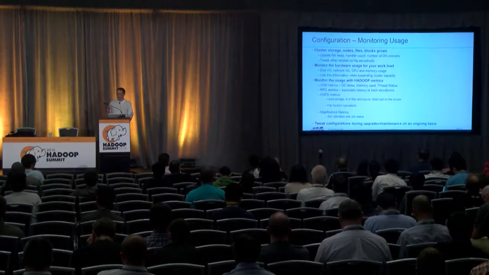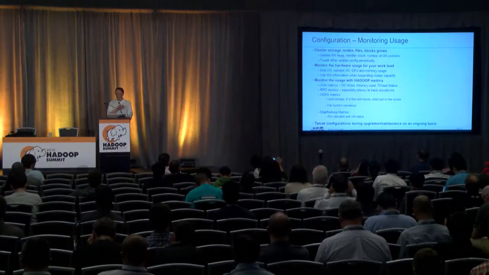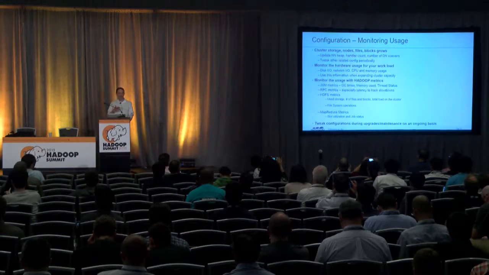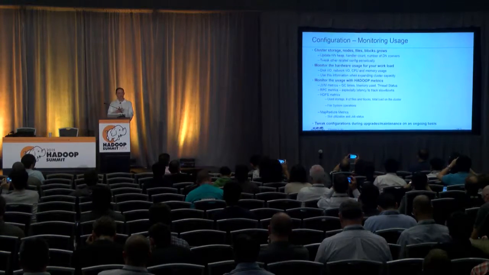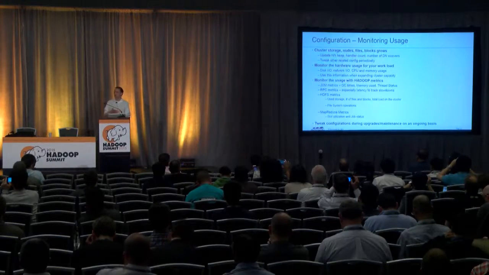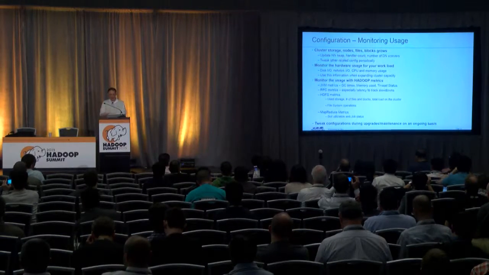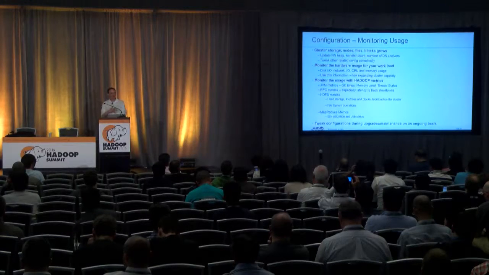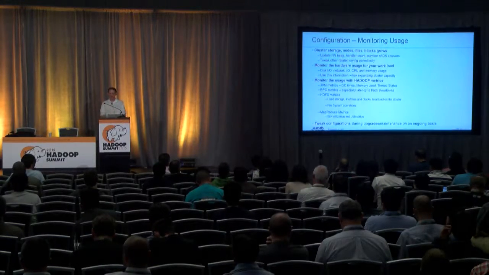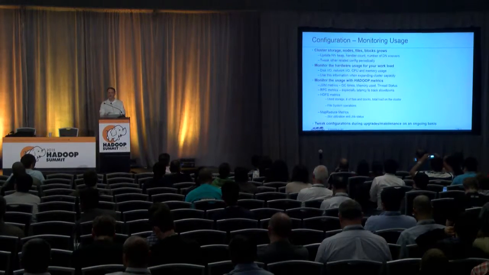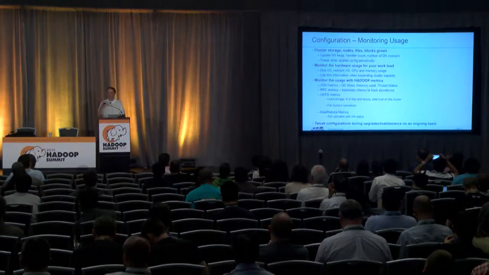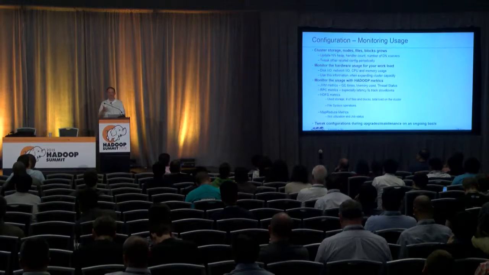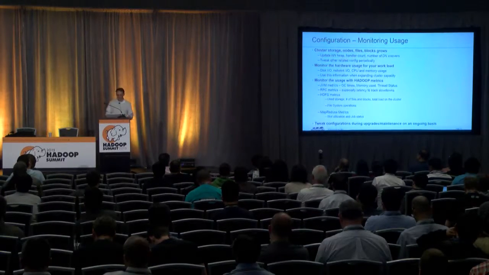Something to keep in mind is that usage patterns on a cluster will tend to change over time as use cases change. Because of that, configuration may need to change in reaction to those changing usage patterns. If you have something on your schedule already for a major upgrade or just a major maintenance event, it's good to take that time and take a pass over your configurations and see if this is a good time to tune anything else.